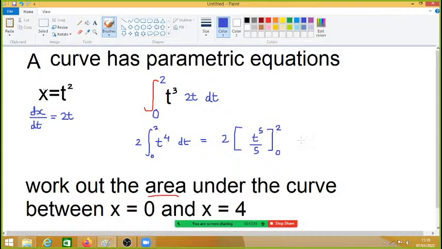So then just type that into your calculator. So you've got 2 to the power 5 over 5. I'm going to just write the t bits. 2 to the power 5 over 5, take away 0 to the power 5 over 5, and all of that times by 2. So just type that into your calculator and tell me what you get.